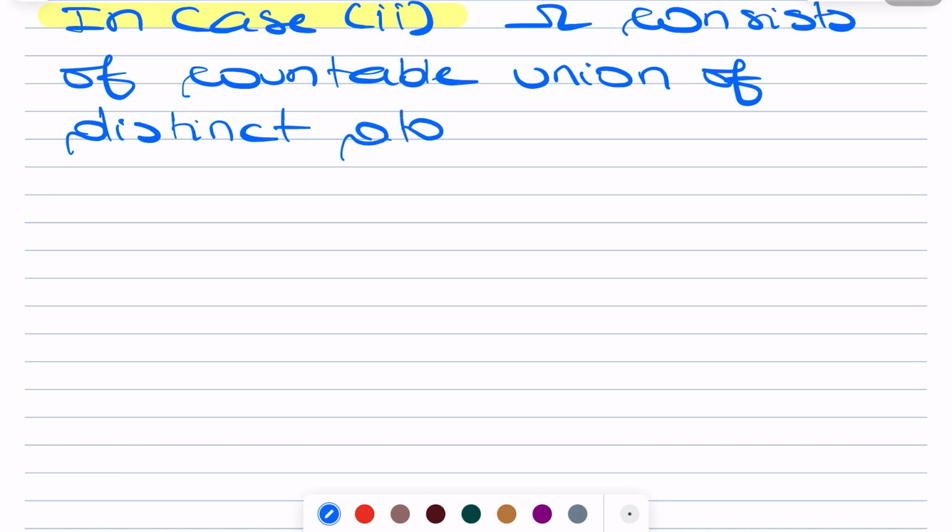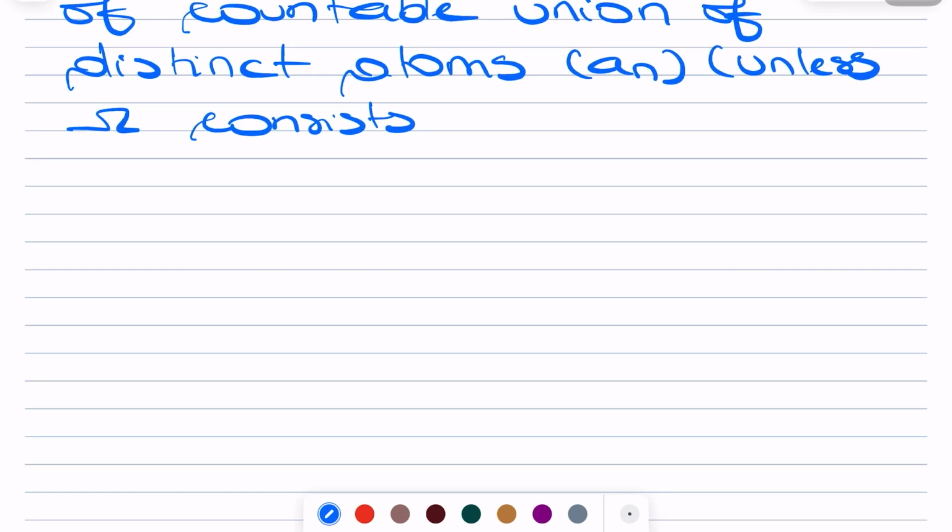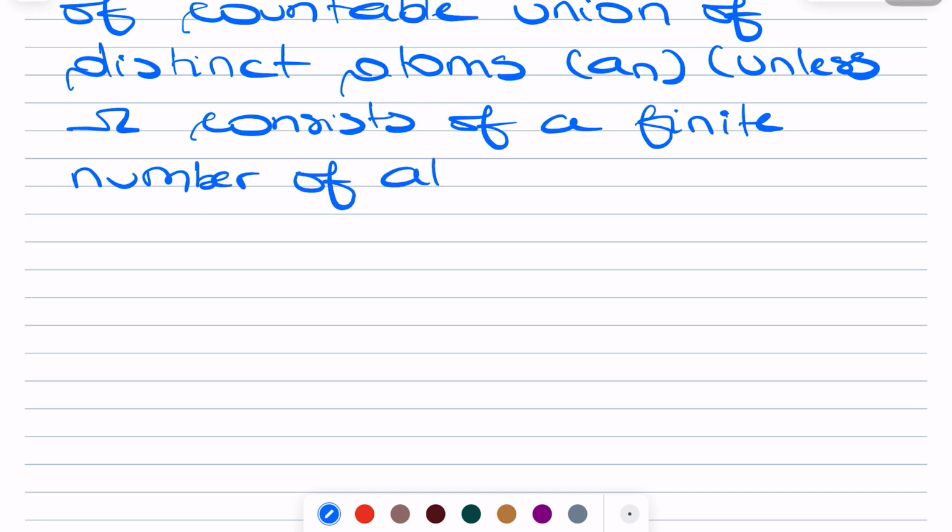I mean, omega is purely atomic, say A_n. Of course, unless omega consists of a finite number of atoms.